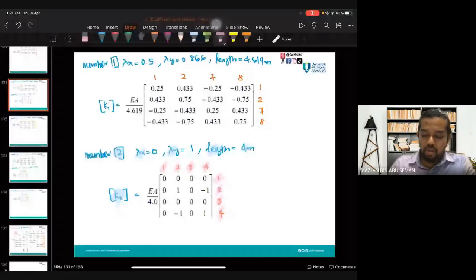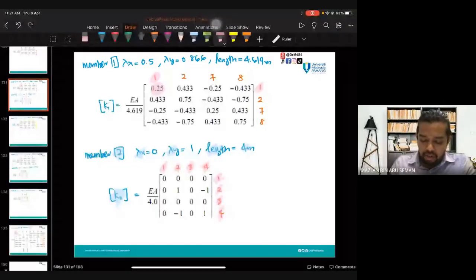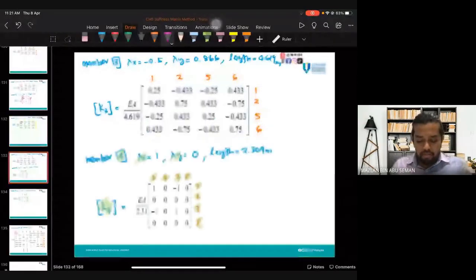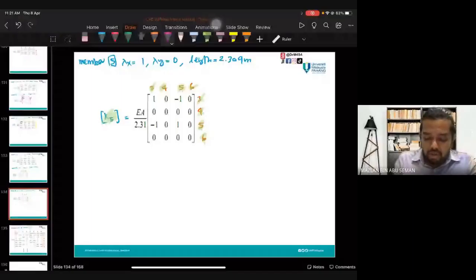For example, for this one we have 1, 1. So you take this value and then check the other member stiffness. For example, this one we have 1, 1, so the value here is 0. So 0.25 plus 0. Then at K5 we have 0.25 plus 0.25. For K4, we don't have 1, 1, and for K5, we don't have 1, 1. Summing up those values, we get 0.108.